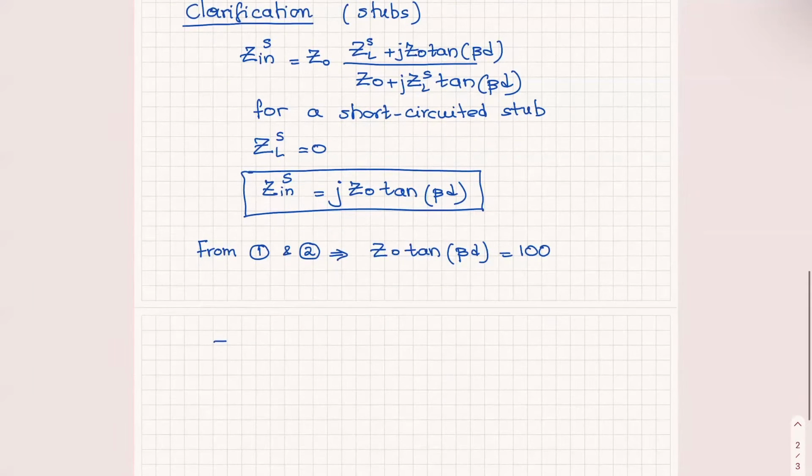From which we find the tangent of beta D has to be 100 divided by 50, which is 2.